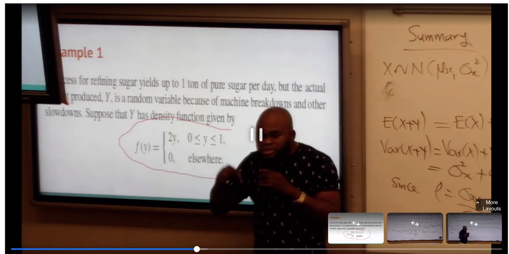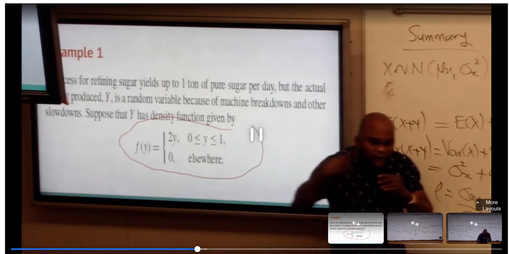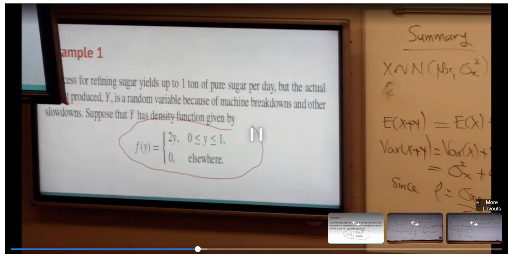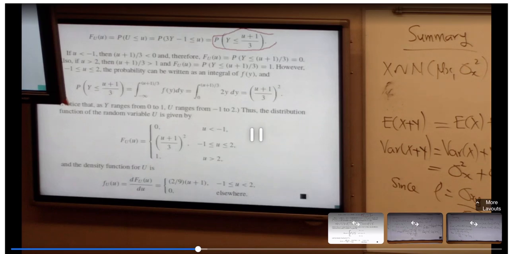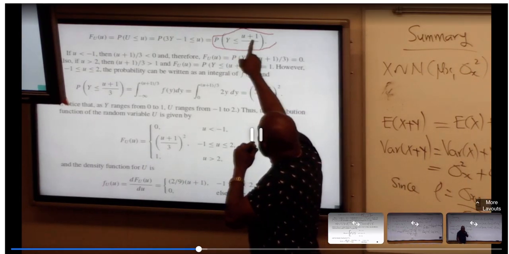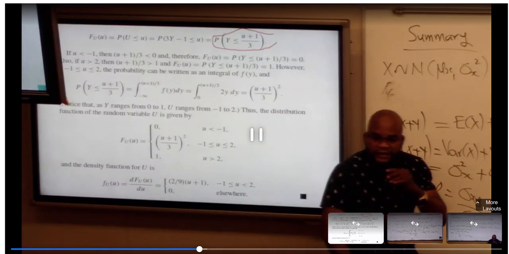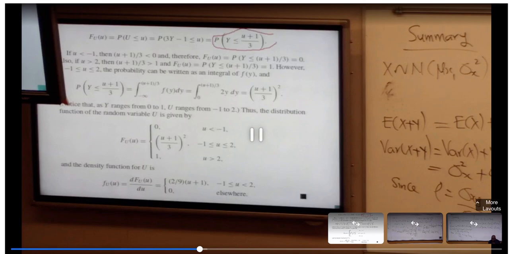I want a situation where I'm going to use f of y, and therefore I need to first do what I'm doing at the moment. Now I want to find the probability of y less than or equal to this guy right now. If I want to find that, then it means I'm actually going to be coming from a lower bound to that particular value. Take a look at this guy here.